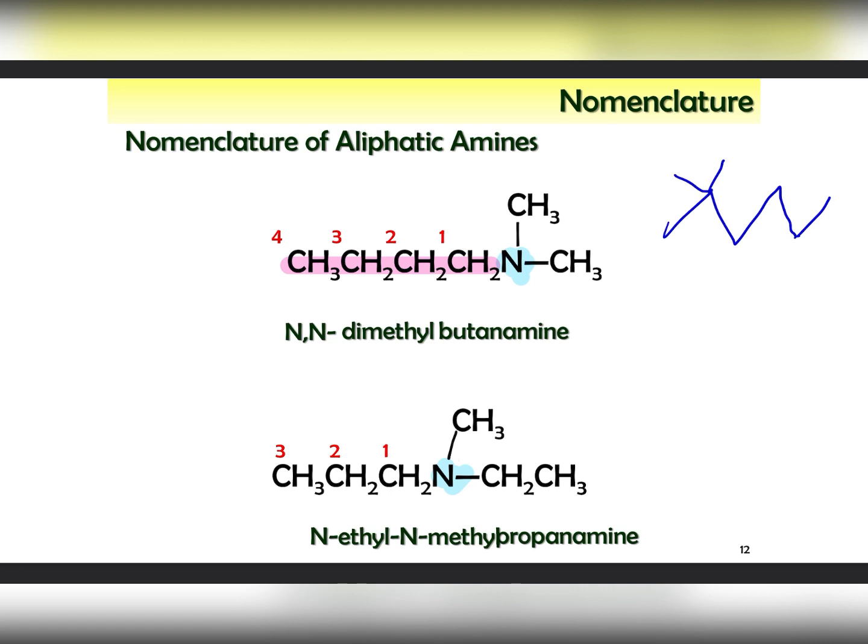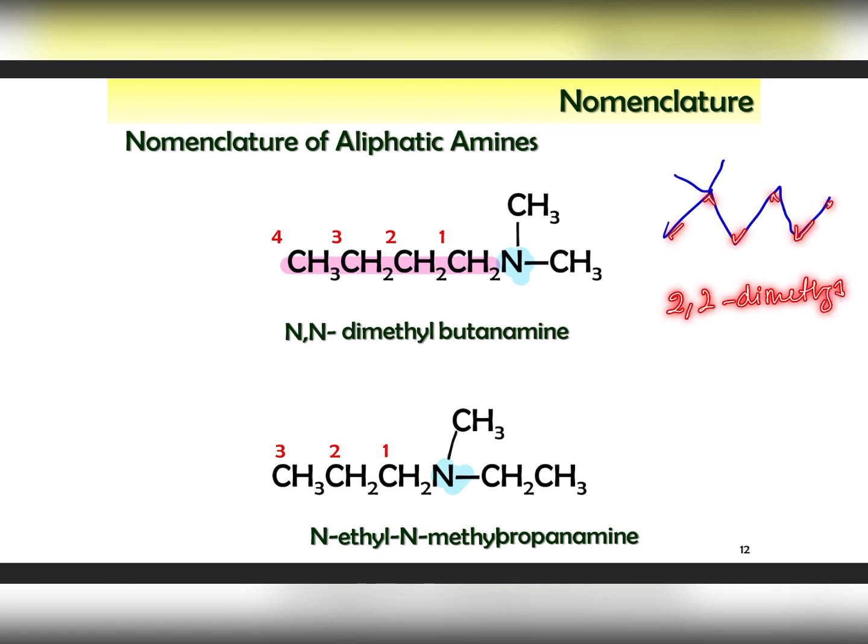You have 1, 2, 3, 4, 5, 6 carbons in the longest chain, and at the second carbon here, this is methyl and this is also methyl. When you name it, to indicate the position of the substituents, you put 2,2-dimethyl.